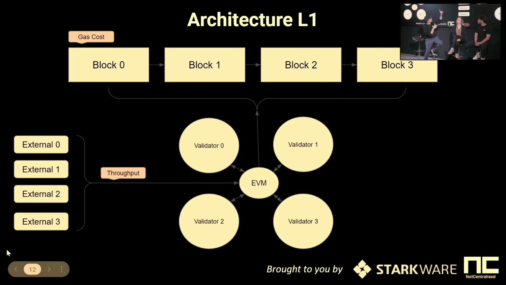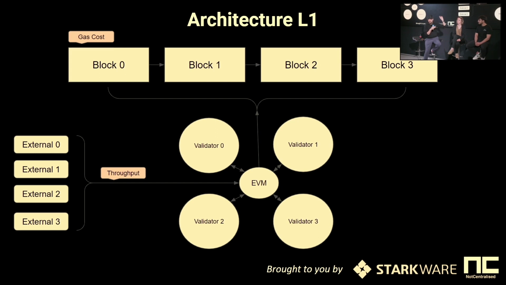When we're talking about throughput, it's about the amount of transactions that are going into the chain. And the cost here is dependent on the amount of demand that the accounts have to start filling up those blocks.